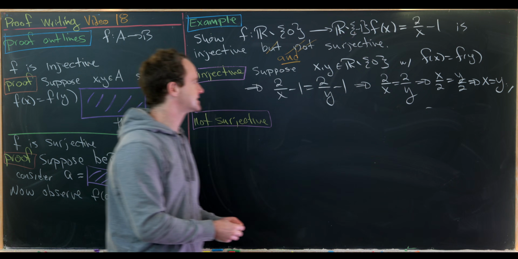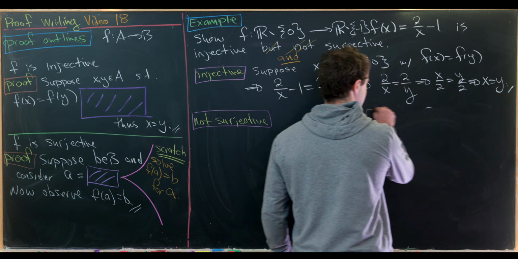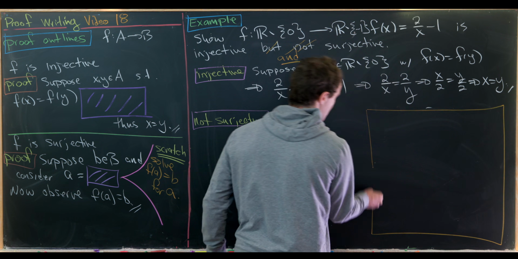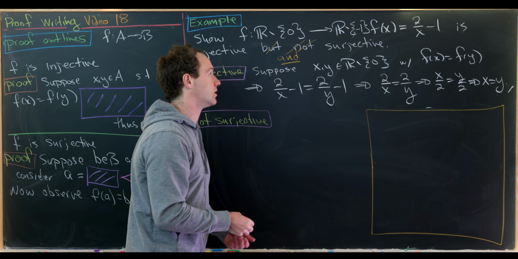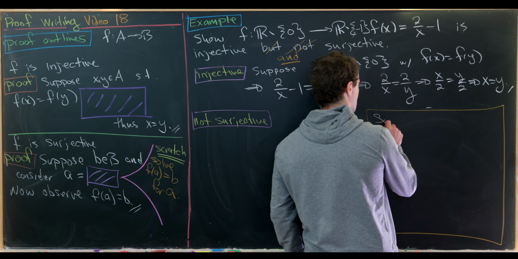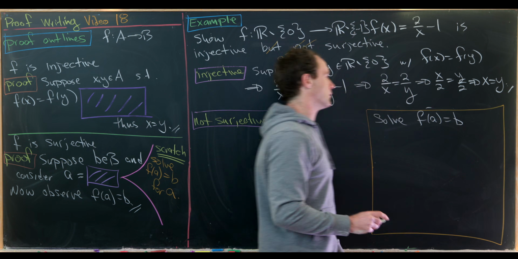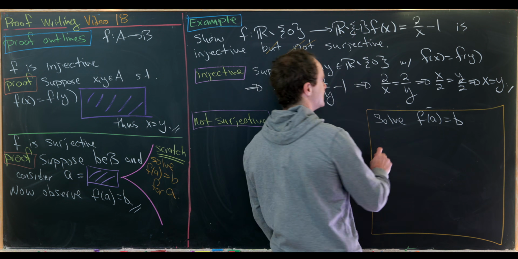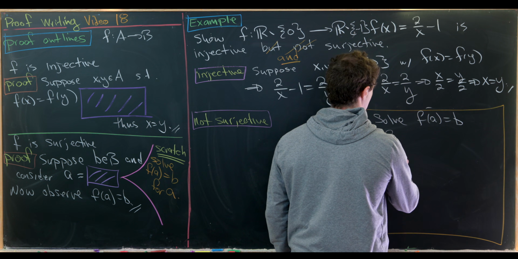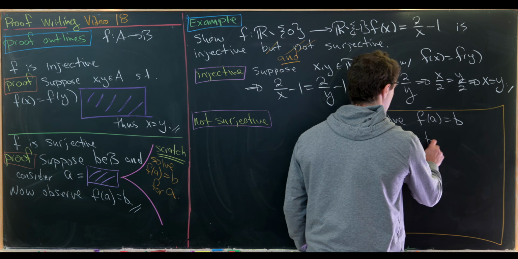Okay, so the first step to showing it's surjective is to do this scratch work. Remember that scratch work is where we solve. So let's solve the equation f of a equals b for a. So let's see, that means we have 2 over a minus 1 equals b.